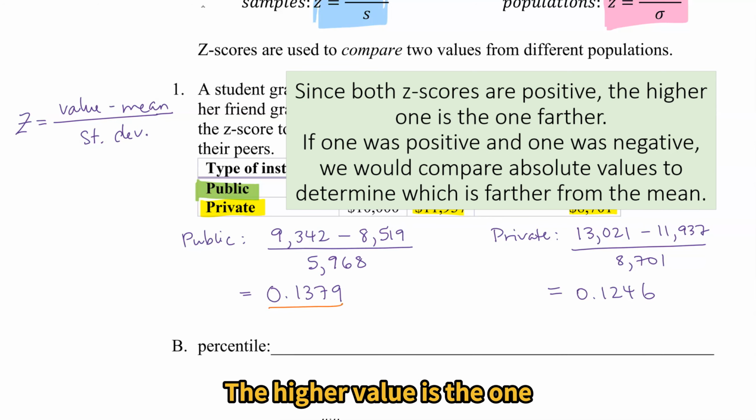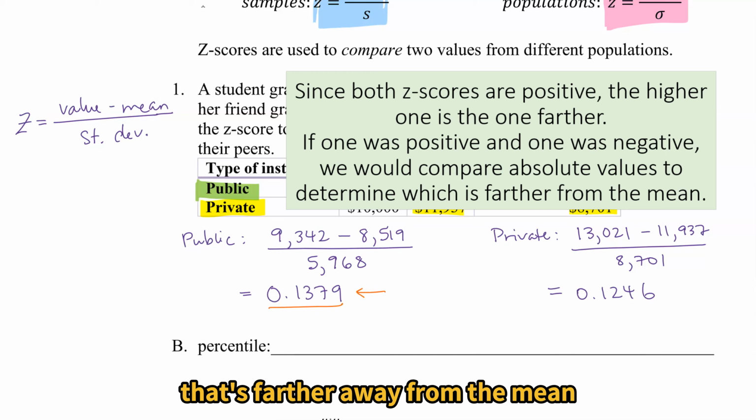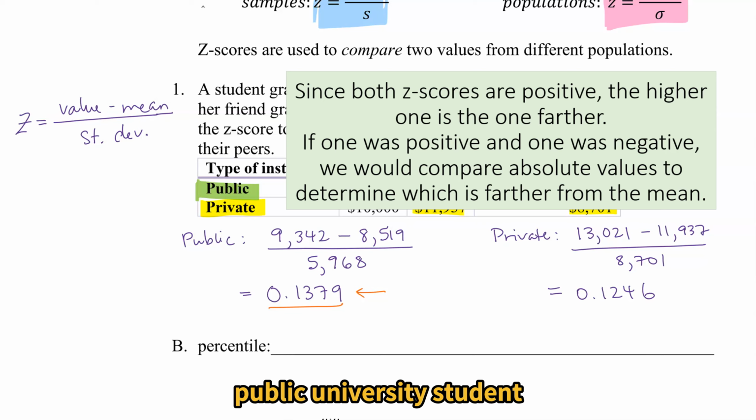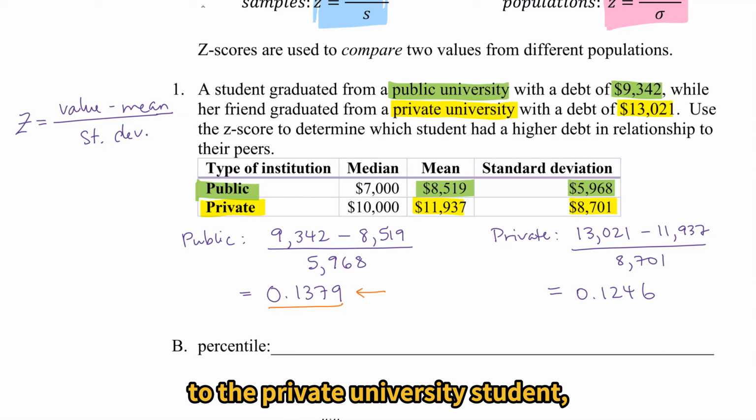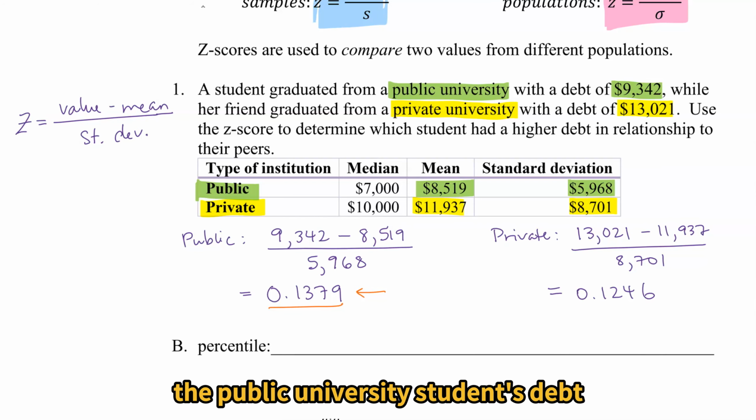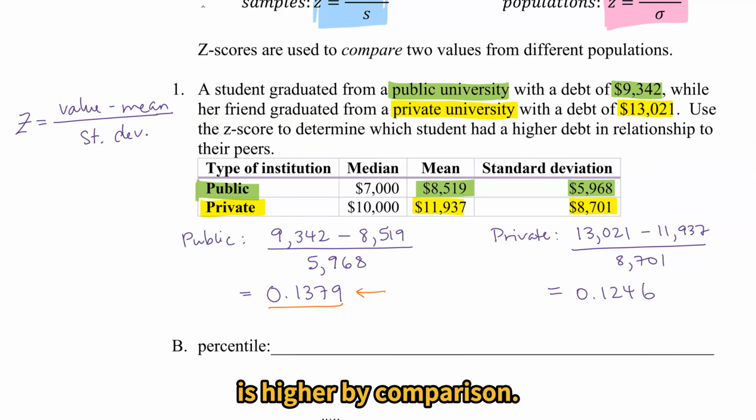The higher value is the one that's farther away from the mean. So if we are comparing this one public university student to the private university student in relationship to their peers, the public university student's debt is higher by comparison.